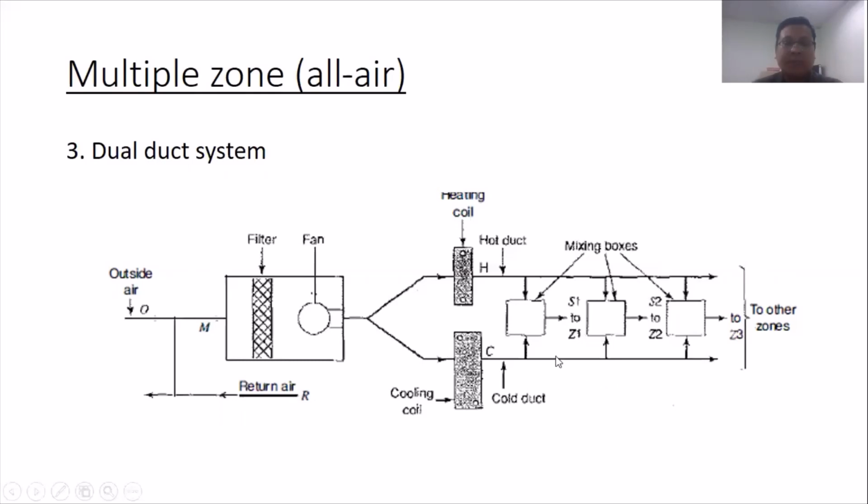What happens from this condition is we mix within the duct. We can see here the mixing boxes S1, S2, S3. So we can control based on the zone how much the ratio of hot and cold is.